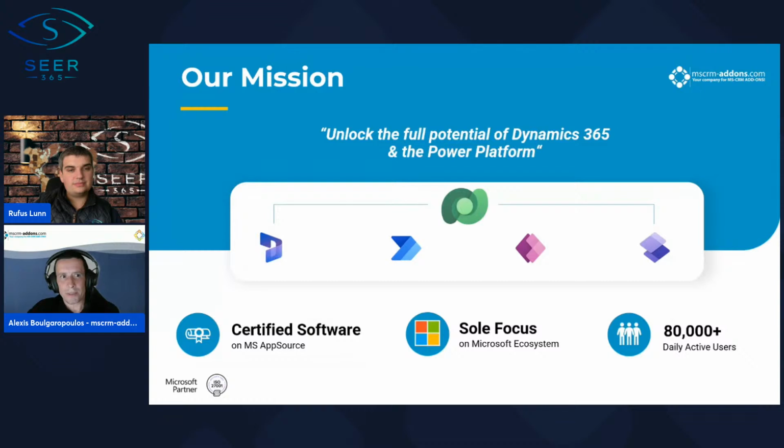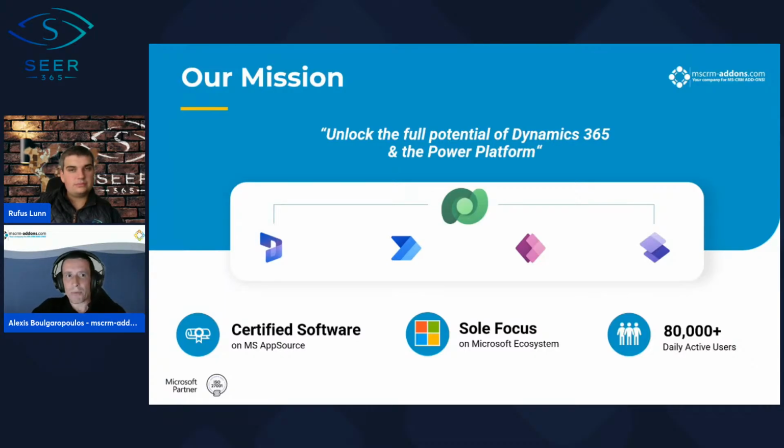Our mission is to unlock the full potential of Dynamics 365 and Power Platform. We do that by building add-ons that solve very specific but very important problems, things like document generation with Document Score Pack or storage optimization with Attachment Extractor.